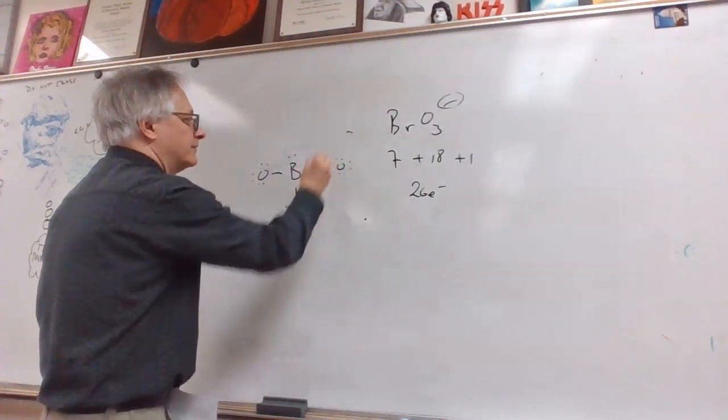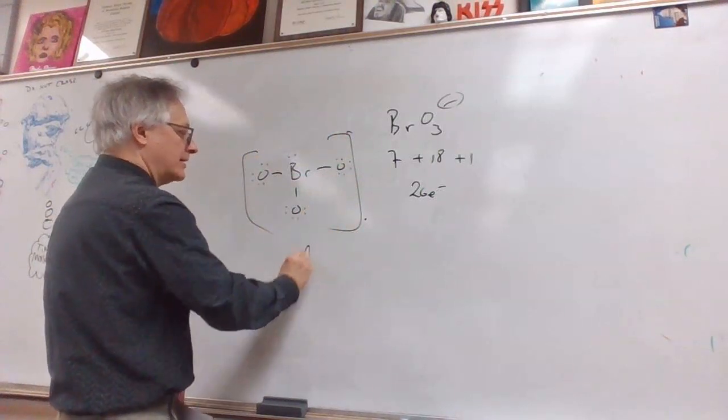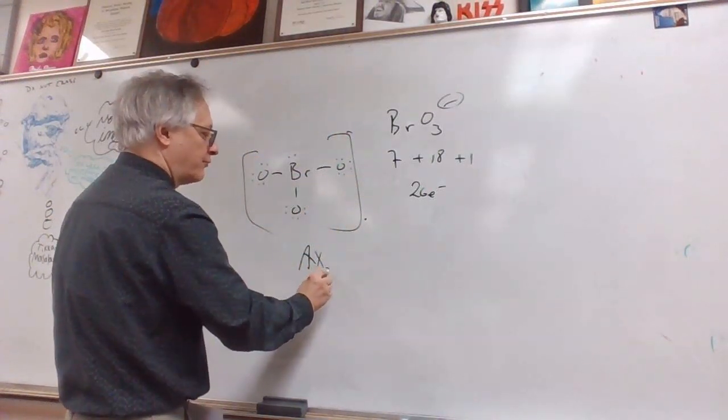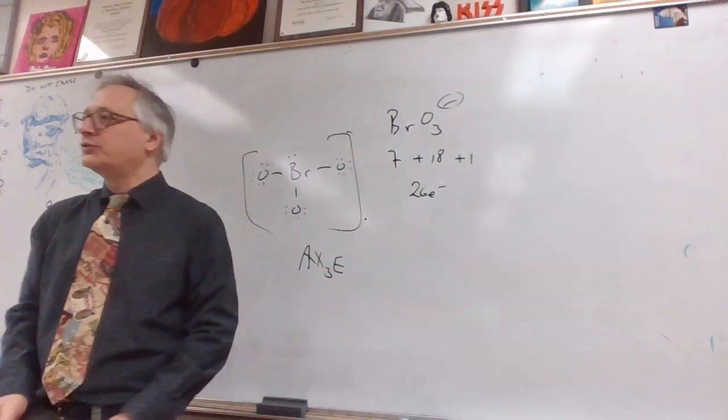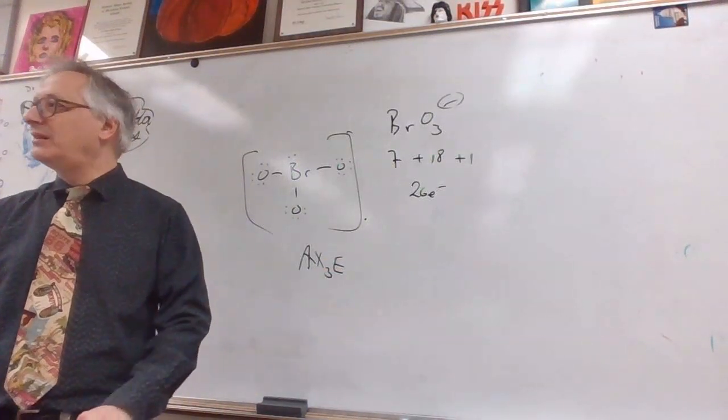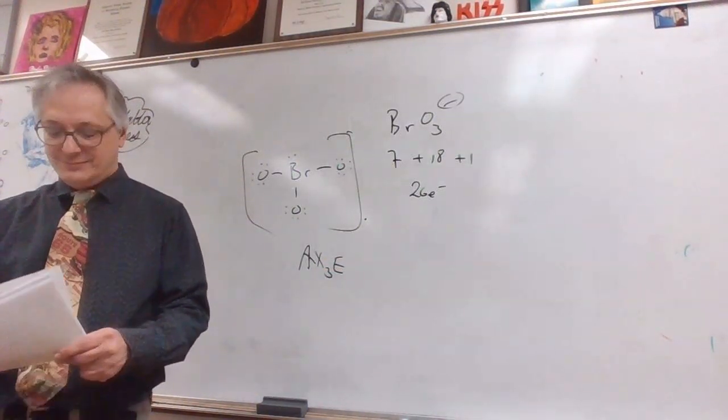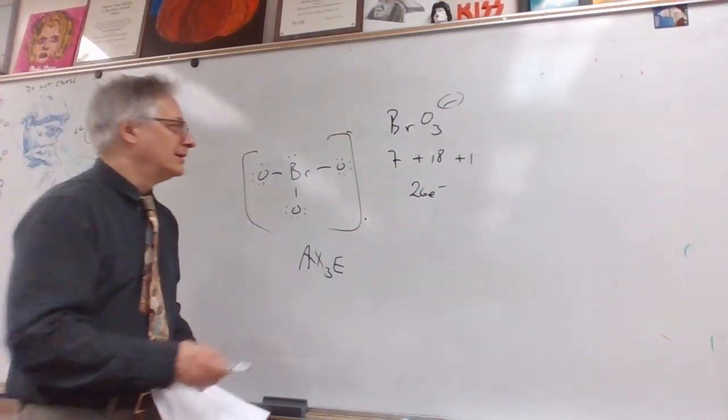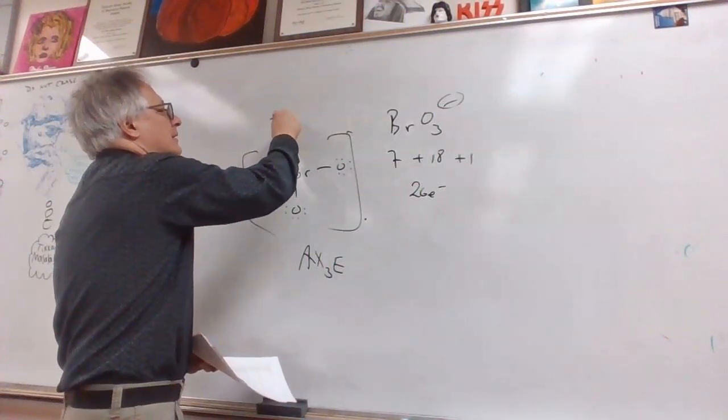And the whole thing has a negative charge on it. So I've got an AX3E. Look at your chart. What's the shape? Trigonal pyramid, yeah. A trig pier.